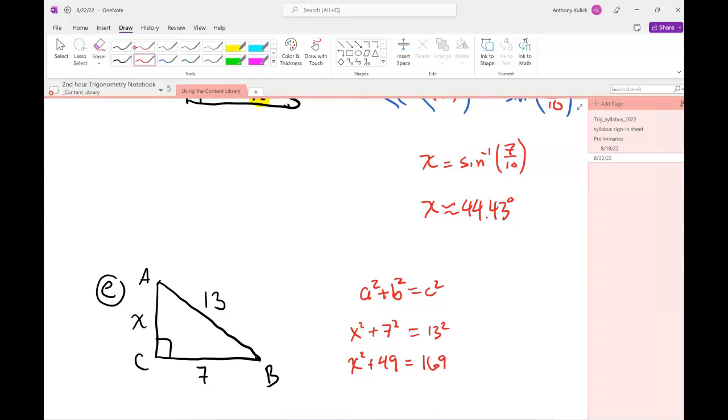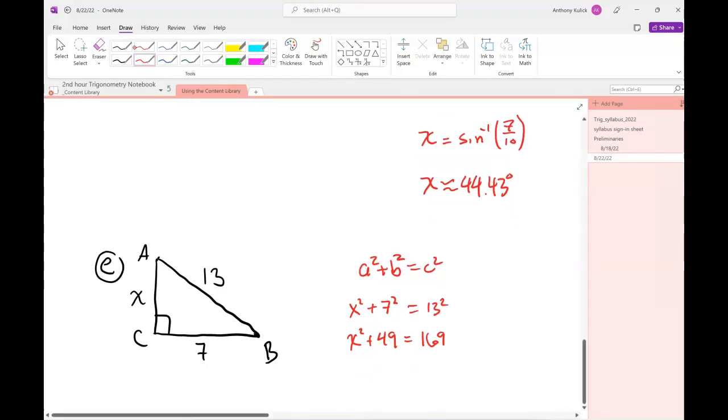Exponents. You have to do the exponents before you add or subtract. Good. Is everybody still okay? Okay. So we'll subtract. Or, I'm sorry, what do I do next? Minus the 49 on the square. Okay.